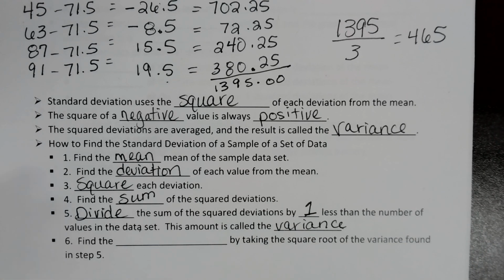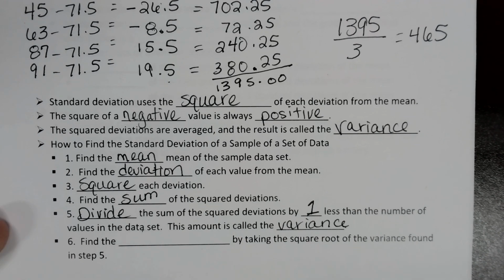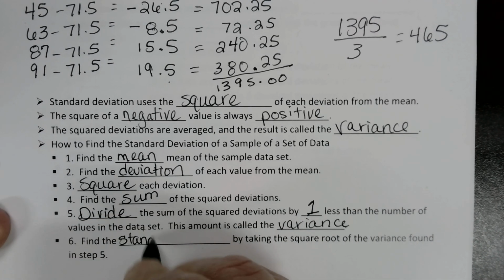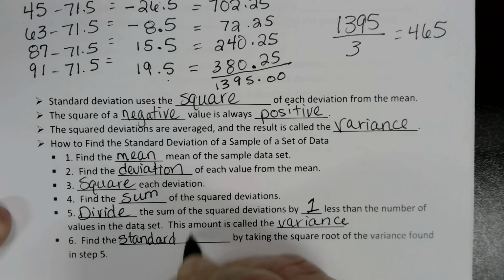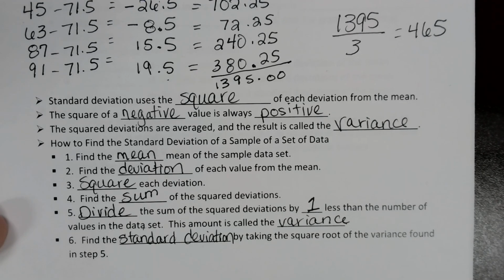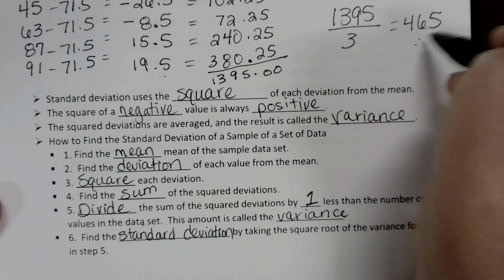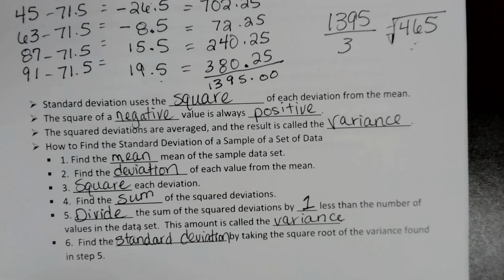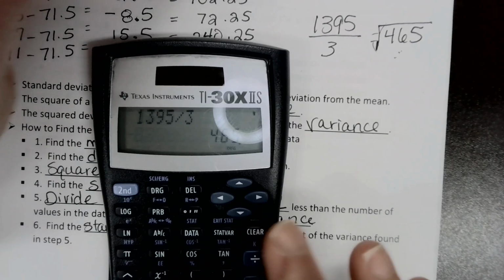Final step. The final step to find the standard deviation. We take the square root of that variance. This is our variance. We'll take the square root of 465 in your calculator.